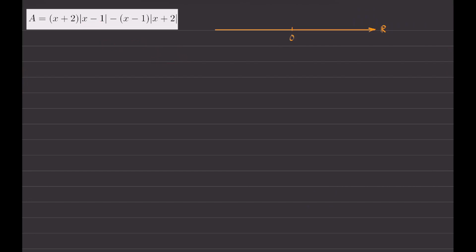So if this is 1, this means that if I choose x greater than 1, then the expression x - 1 becomes positive, and if I choose x less than 1, the expression x - 1 becomes negative, and of course at x equals 1, the expression becomes 0, and we know the absolute value of 0 is 0 itself.